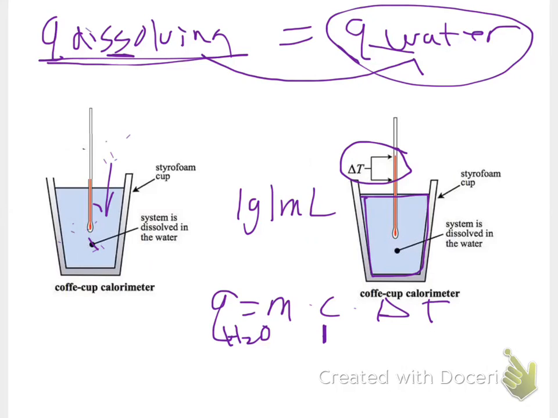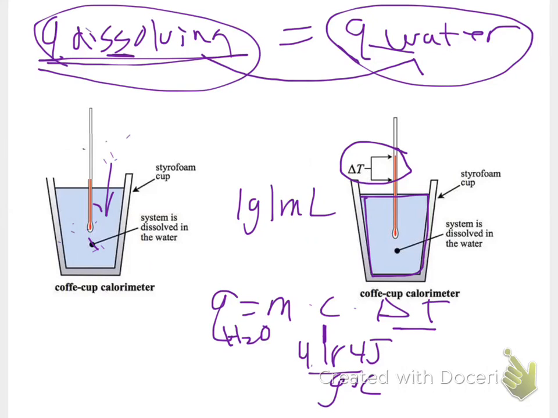We're going to use the specific heat capacity for water, 4.184 joules per gram degrees C. Then we use the change in temperature to determine how much heat the water absorbed, and therefore how much heat the dissolving process has produced. Then you can figure out how much heat per gram of solute or per mole of solute, and compare different salts or different ionic compounds for how much heat they generate.